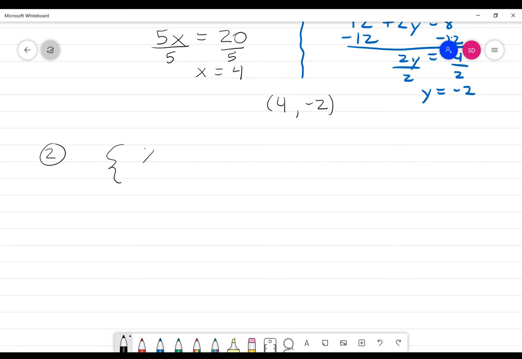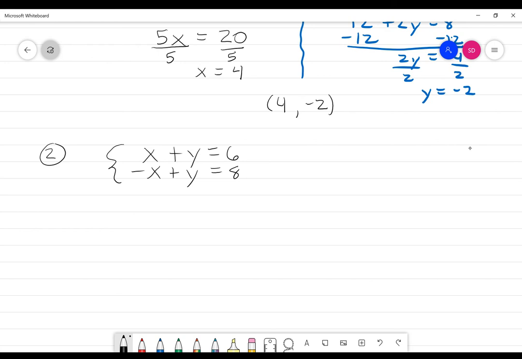So this time, let's say my two equations are x plus y equals 6 and negative x plus y equals 8. So again, we're going to try this elimination method because we have the two equations set up in standard form. And I'm just going to add the equations together to see what happens.